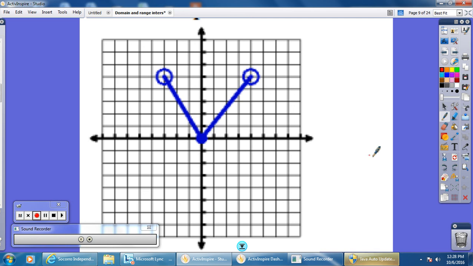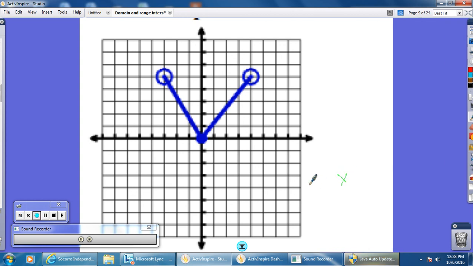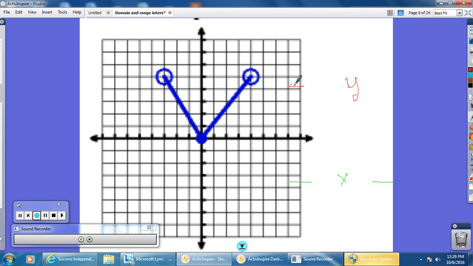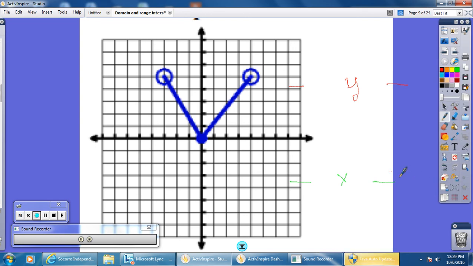Next function, you're going to do the same thing. This time, I want you to give me the lowest and the highest number of the domain, and the lowest and highest number for the range as well. Okay, so the lowest number, if I'm coming in left to right, is right here, an open circle. Keep going. Open circle, so it's everything in between.